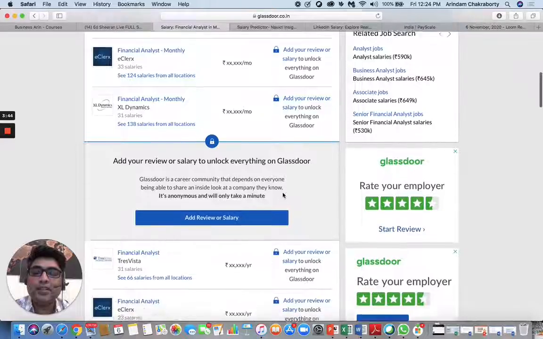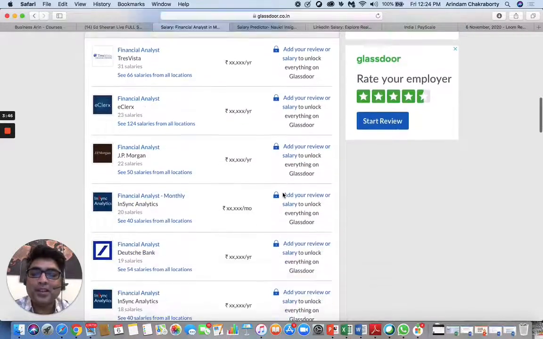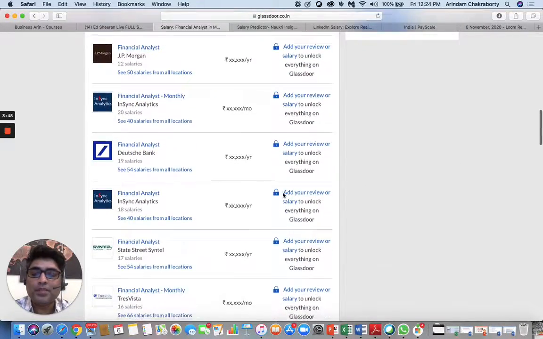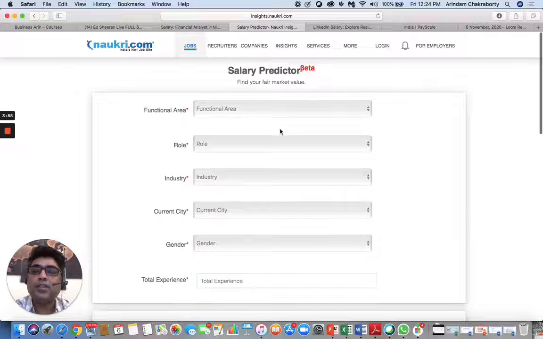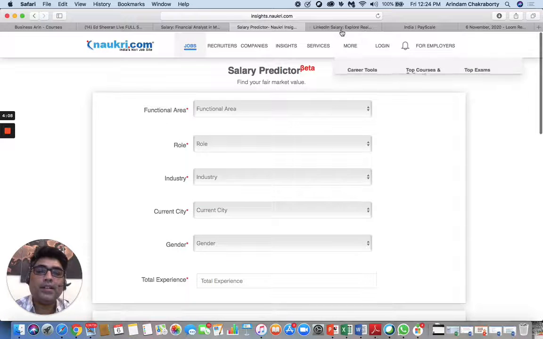So if you are looking for something, you also need to help out with what information you can possibly give to them, right? In this manner you can get an understanding. So you have Glassdoor, and you have Naukri.com, right, where you can place across the functional area, role, industry, current city, gender, and total experience, and that's how you can get it over here as well.